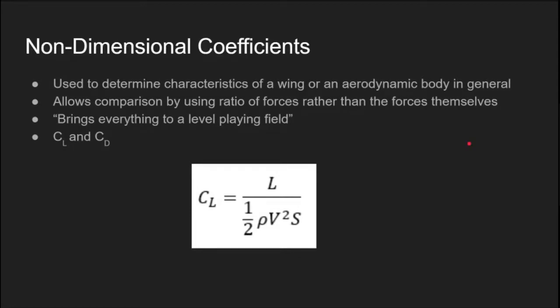So you can basically cut all those out, and if you look at the CL of one object and the CL of a different object, two totally different objects, you can directly compare them because they have been non-dimensionalized by all these variables. So it's a ratio of forces as opposed to a straight out force itself.